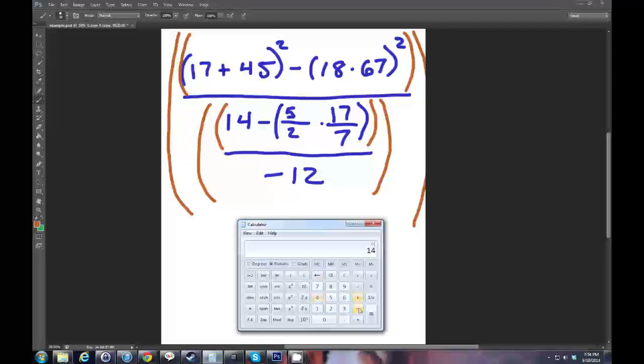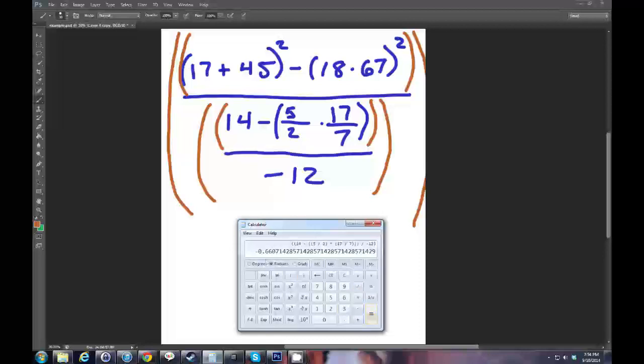14 minus parenthesis, parenthesis, 5 divided by 2, close parentheses, times parentheses, 17 divided by 7, close parentheses, close parentheses, close parentheses, divided by negative 12, close parentheses.